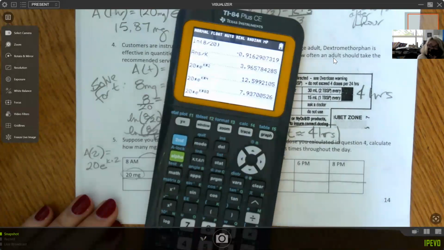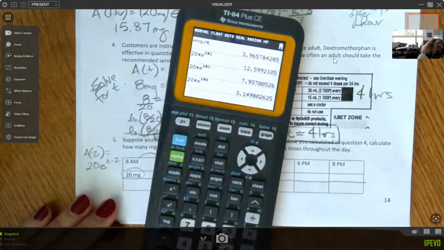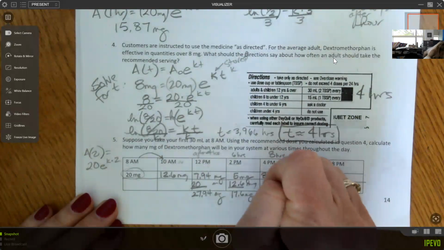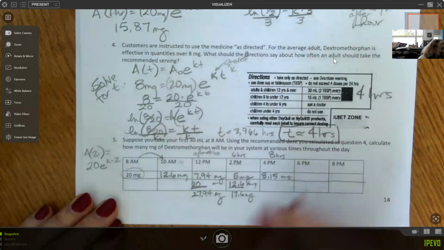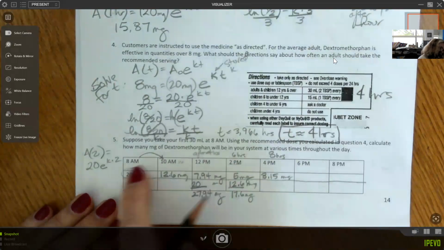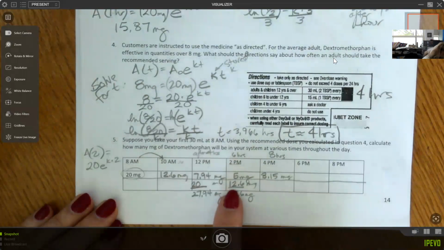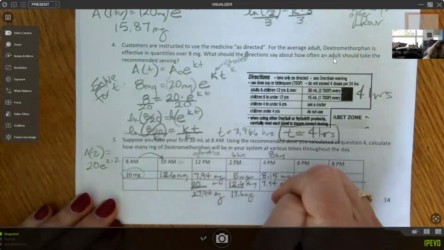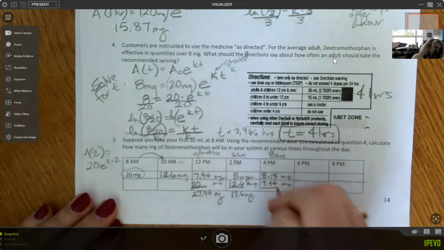There's still 3.15 milligrams left from my initial dose. Meanwhile, I'm at the 4-hour mark with my second dose, so that's 7.94 milligrams.